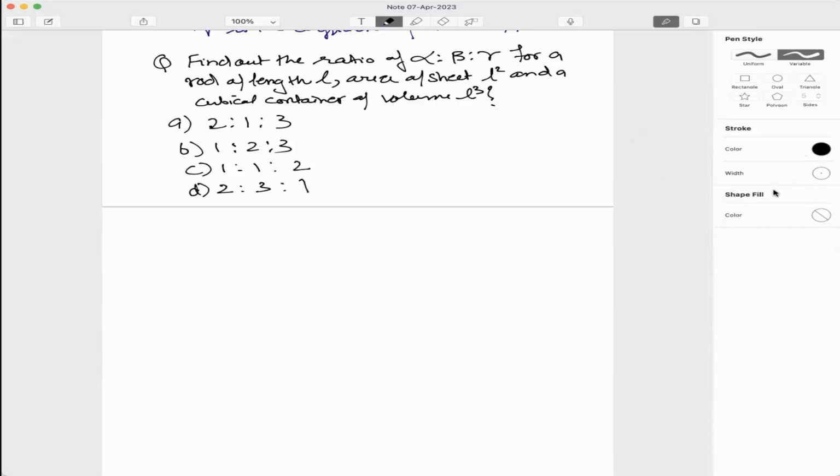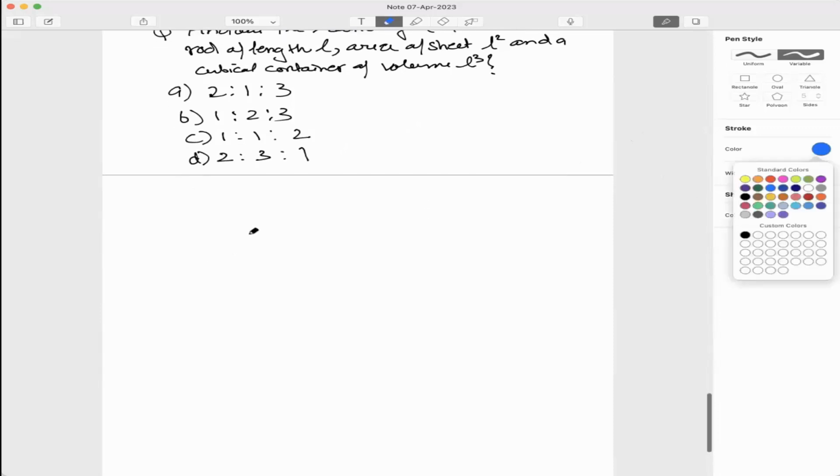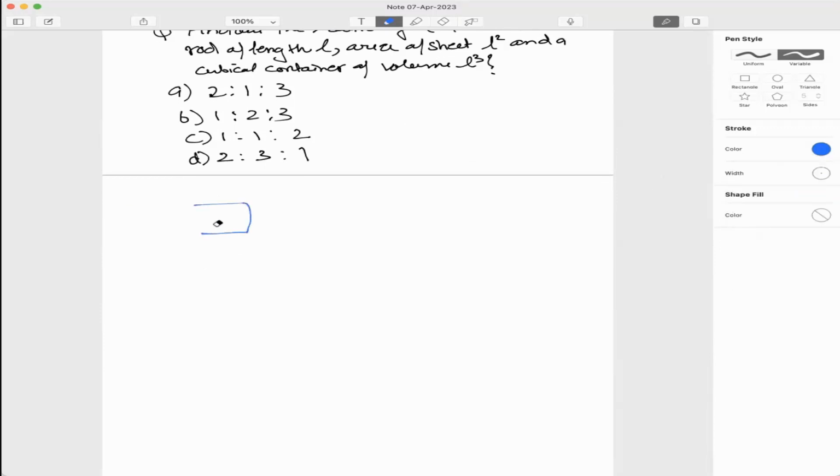Okay, so let's look at the solution of this. We have a rod, we have a square sheet, and we have a cube. So that is L, that is L square, that is L cube. These are the initial shape and size conditions.